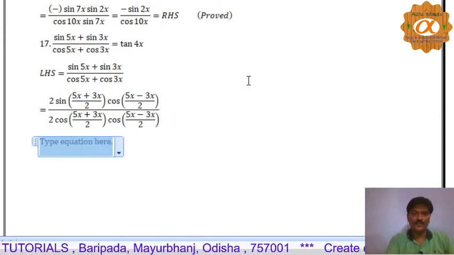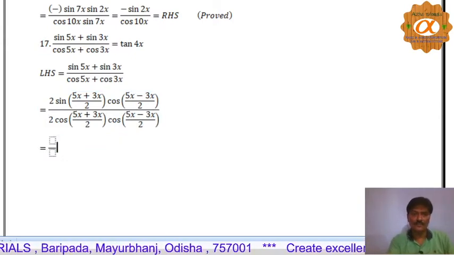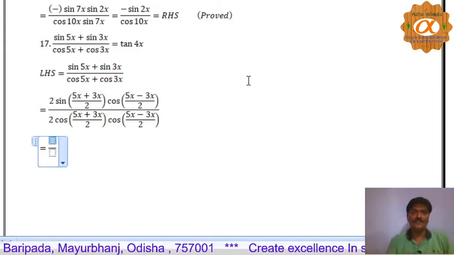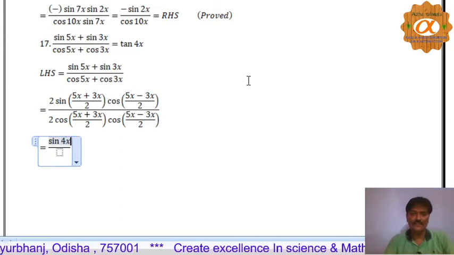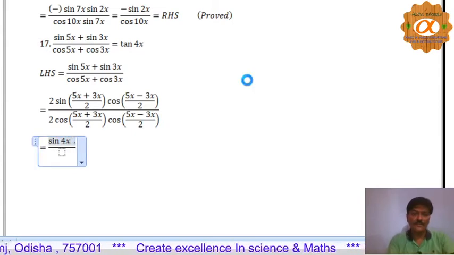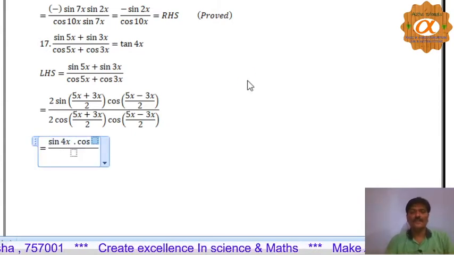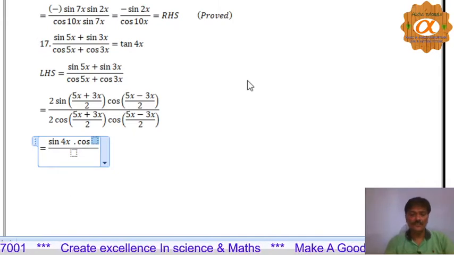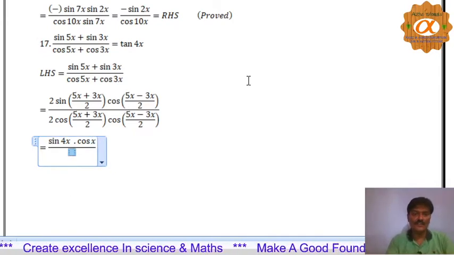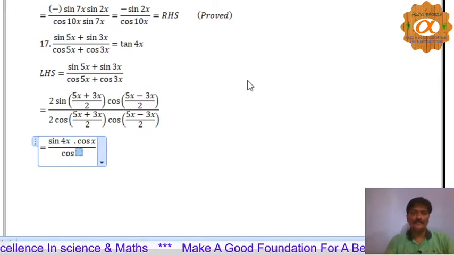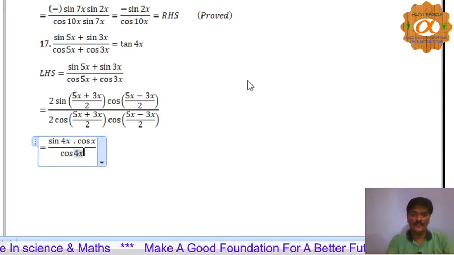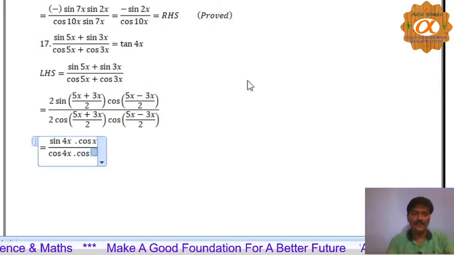Now 2 and 2 cancel out, and in the numerator, that is sin 5x plus 3x by 2 means sin 4x multiplied by cos 5x minus 3x is 2x by 2, x. In the denominator, it is cos 4x multiplied by cos x.